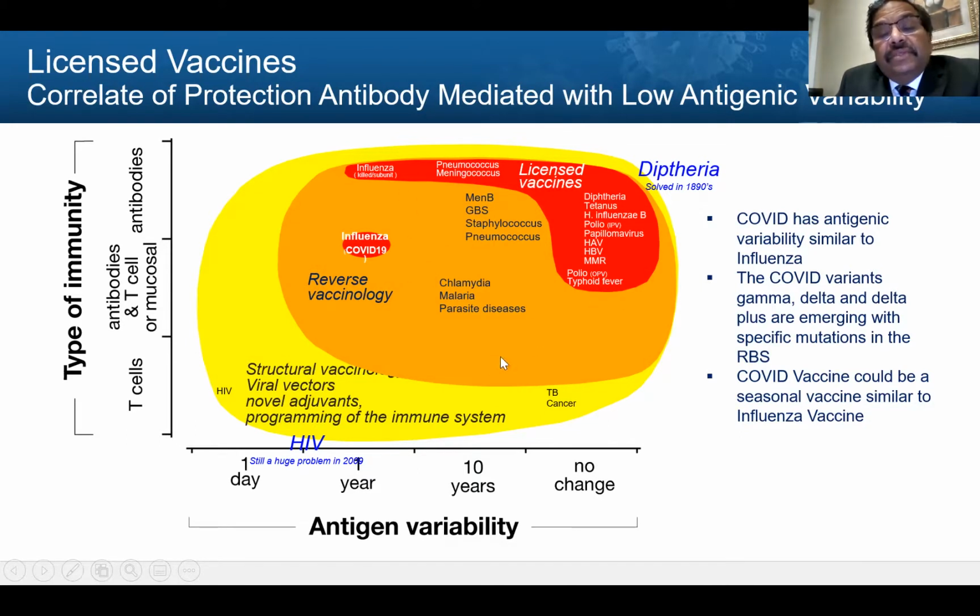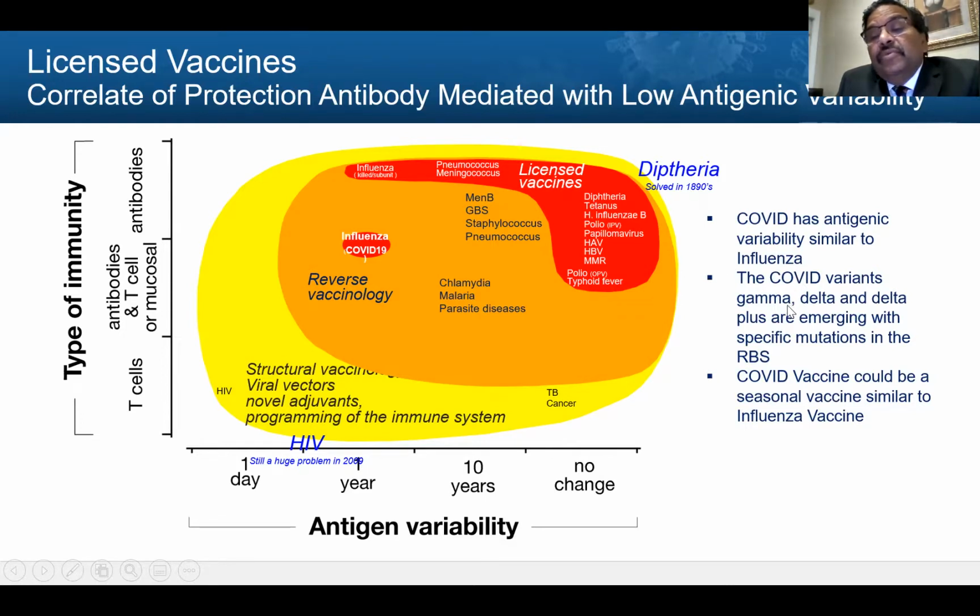But once the variability starts, I think developing the vaccine is a little bit more complicated. In terms of influenza and COVID-19, they are together in terms of antigenic variability. As I said on the left-hand side, they have comparable antigenic diversity.